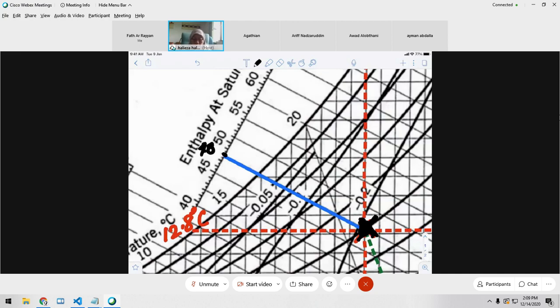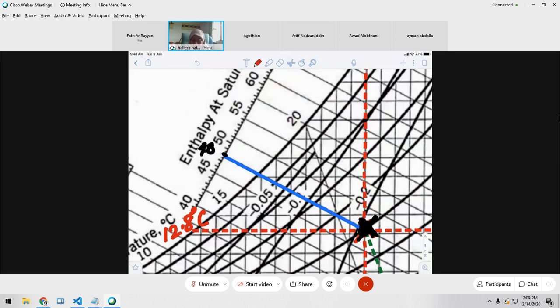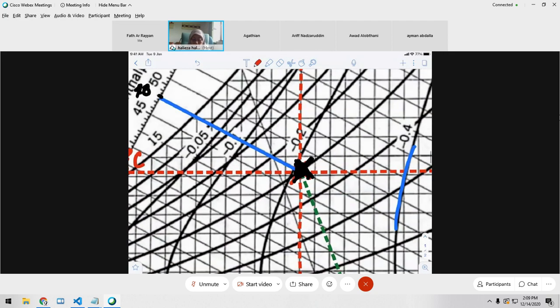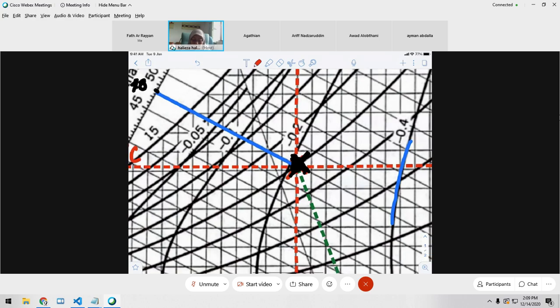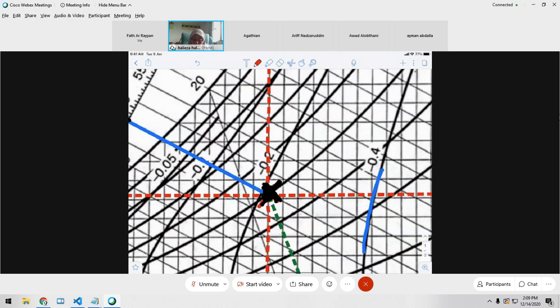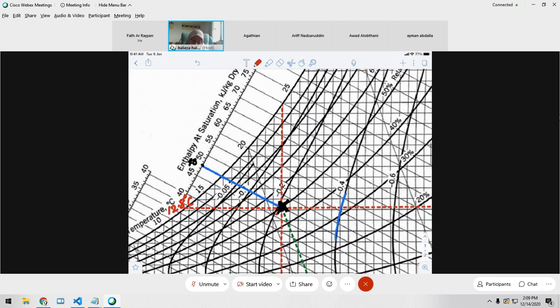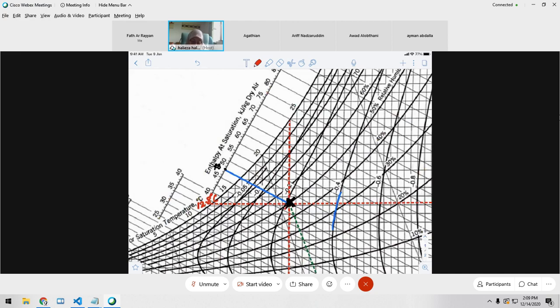But you have to remember that that is only for saturation, and your point of interest is not saturation. The point of interest is below 100%. So where exactly is your point of interest? Your point of interest is on the 3%. So where is the deviation? The deviation is, I'm going to use this red line.